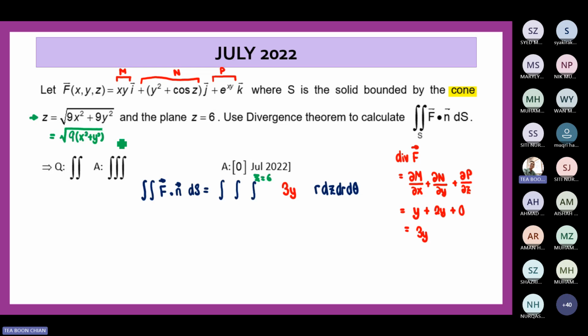And we learn under circle equation, x squared plus y squared is actually r squared. Therefore, square root of 9r squared is actually 3r. Square root of 9 is 3, square root of r squared is r. Therefore, the lower limit z equals 3r.